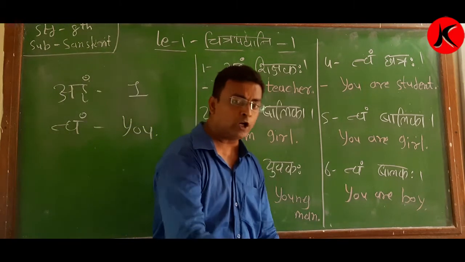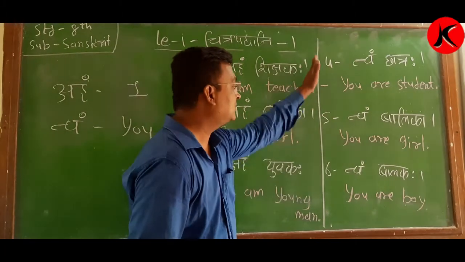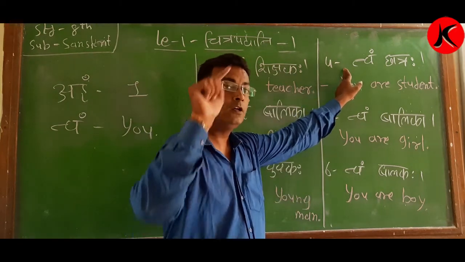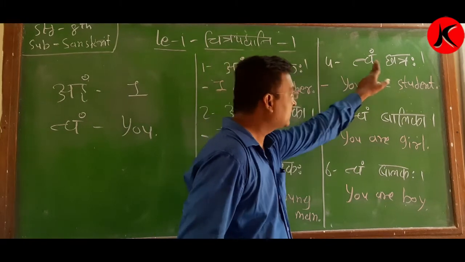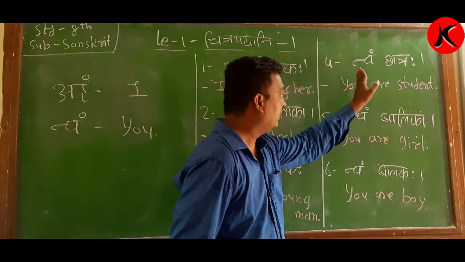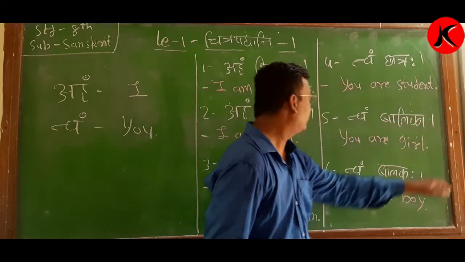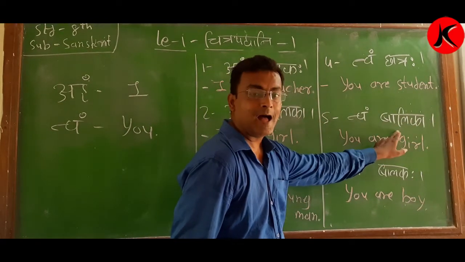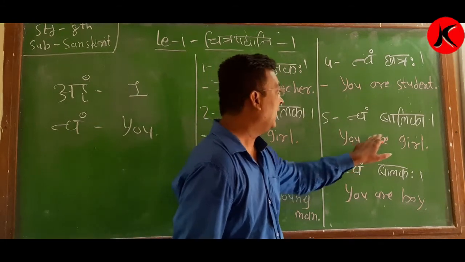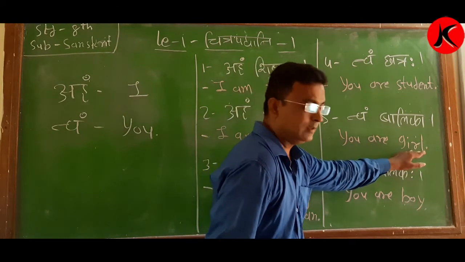Okay, now the fourth, fifth and sixth. These three sentences are starting with tvam. Tvam, that means you. Tvam chhatrah, you are a student. Chhatrah, that means student. Tvam balika, that means you are a girl.